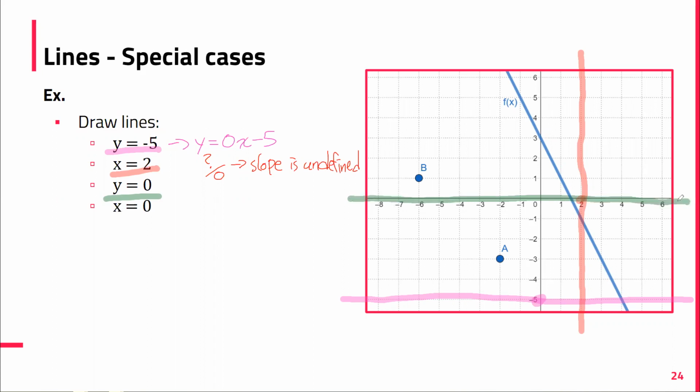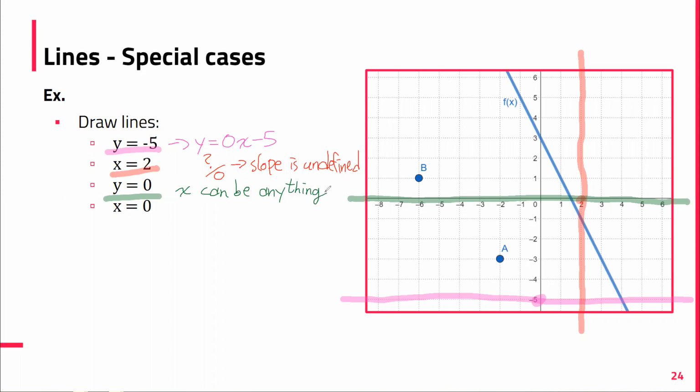This might seem a little backward, but remember y equals 0 means all the points where the y coordinate is 0, and x can be absolutely anything. And that is exactly what the x-axis is.